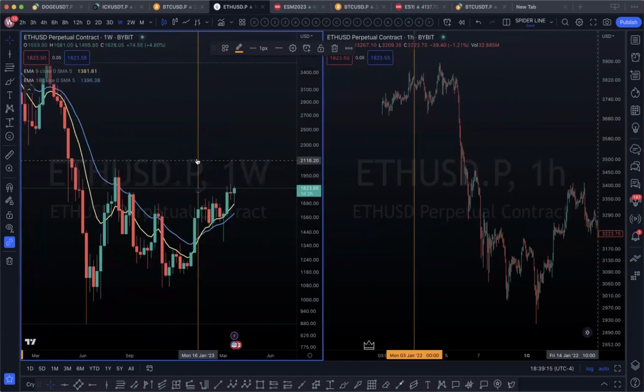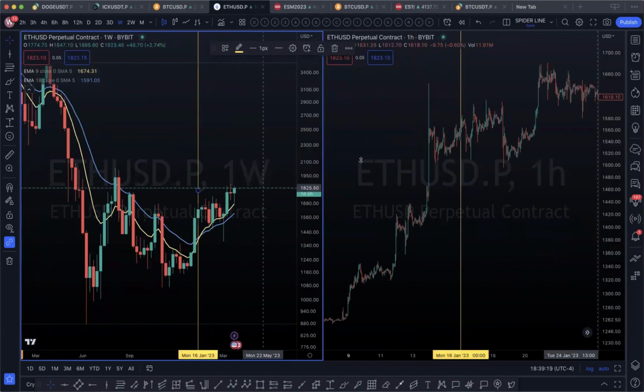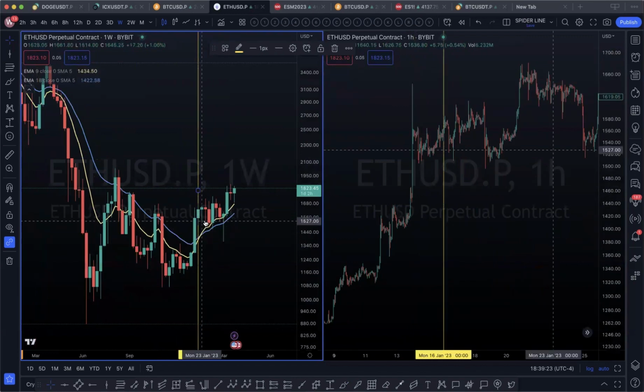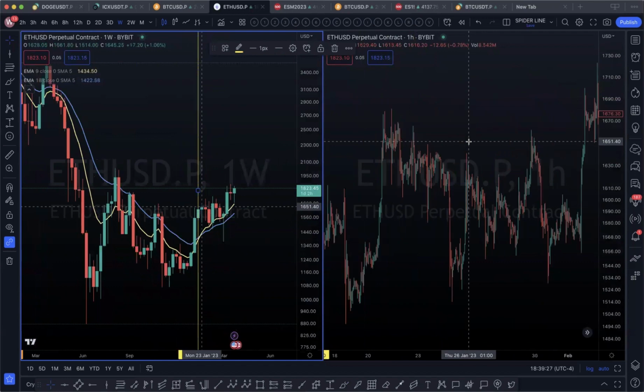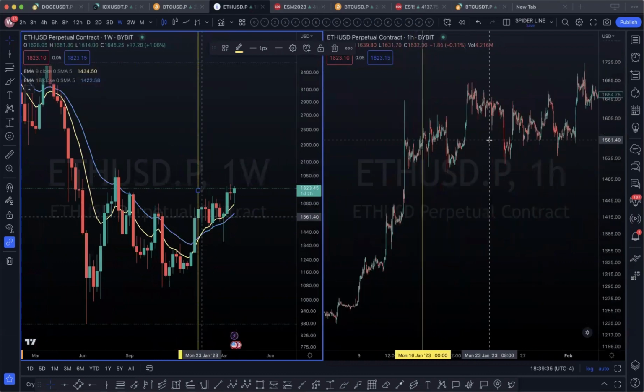Look at this zone. I'm going to make this yellow. When you have this uptrend on the weekly chart, you want to identify a bullish order block on the 1 hour chart.